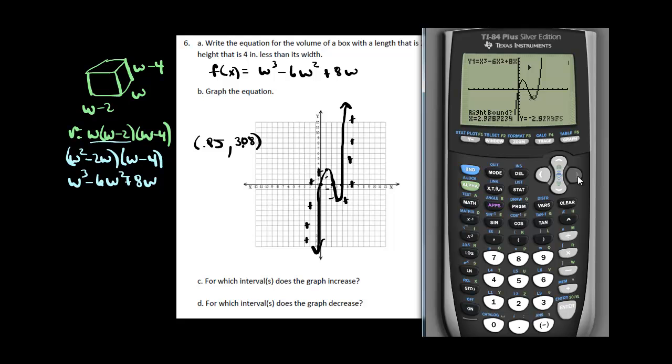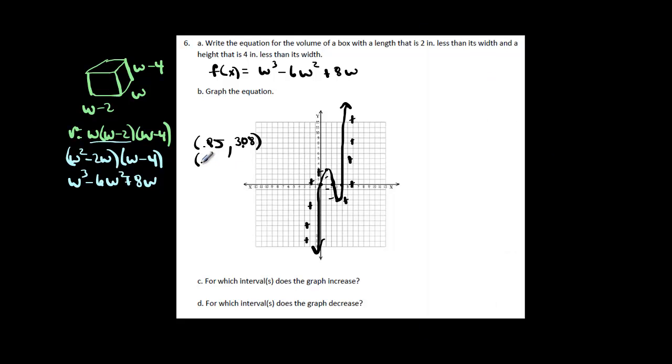To the left, to the right, 3.15, comma negative 3.08. Okay, so where it increases is going to be from negative infinity to the x value here, which was 0.85.